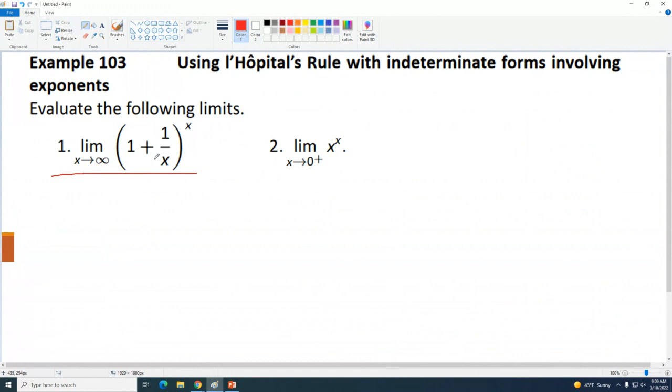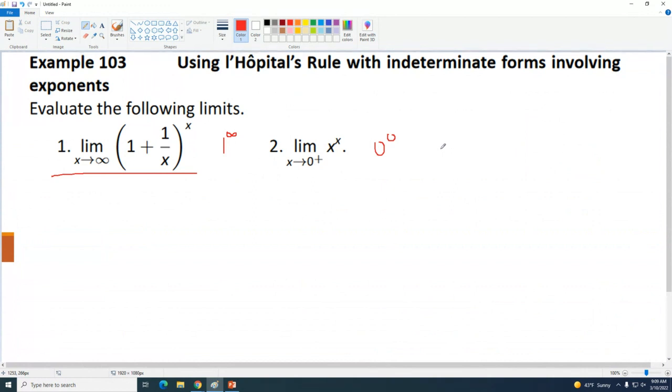This is a 1. Then the exponent is infinity. So this is one of those 1 to the infinity cases, and that's how we know we need to apply L'Hopital. Over here, x approaches 0, and the power x also approaches 0. So this is one of those 0 to the power 0 cases.